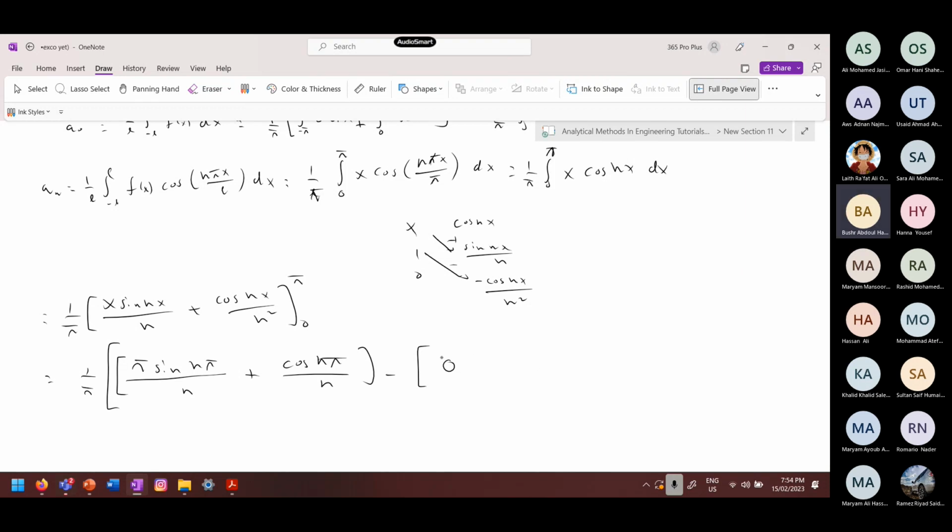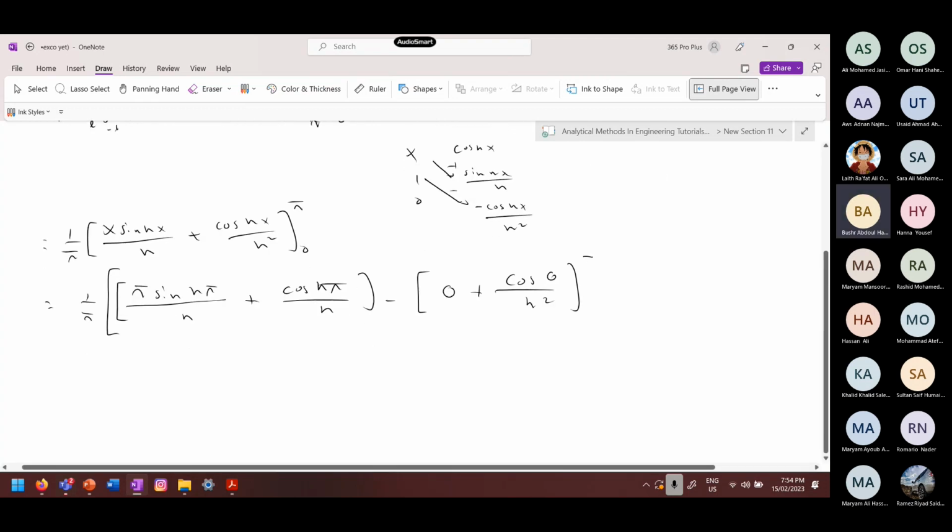Okay, and cosine nx becomes plus cosine 0 over n squared. Now you need to simplify this. Do you know how to simplify this? You'll have 1 over pi, open a bracket, sine n pi is simply 0.